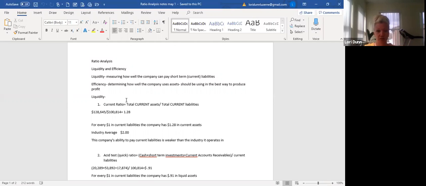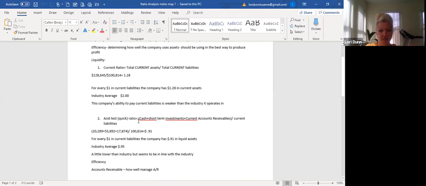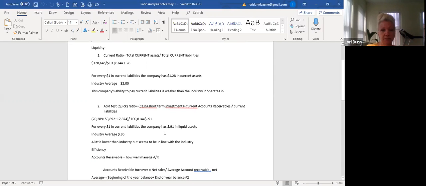Then we take out some of the current assets and say, what kind of liquid assets are there? Financially liquid, those that are going to be converted to cash quickly. How much do we have of those to pay a dollar of current liabilities?